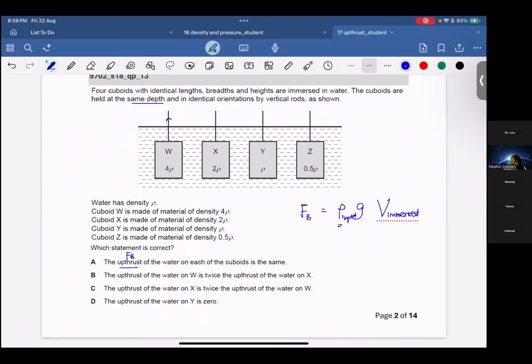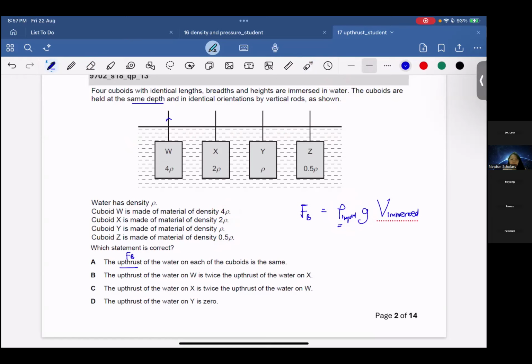These 4 cuboids have materials with density 4, 2, and 0.5, but this is the density for the block, the cuboid. The density for the liquid is the same, because they are in the same water.